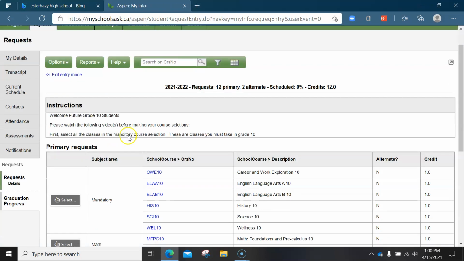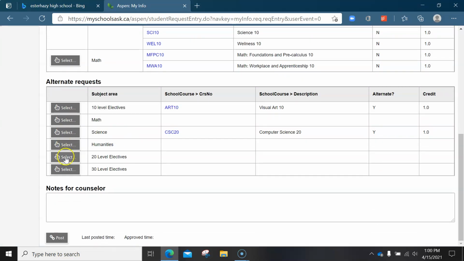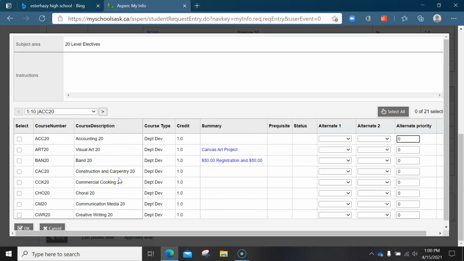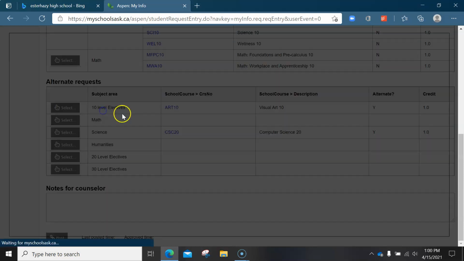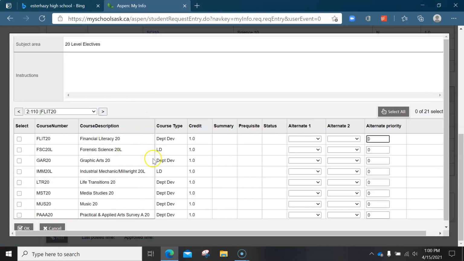Some other classes where we can combine some of the grade 10s and grade 11s would be in the 20 level classes. So band is likely going to be combined. Commercial cooking, construction carpentry, choral, communications media, any gym classes would be probably combined together.